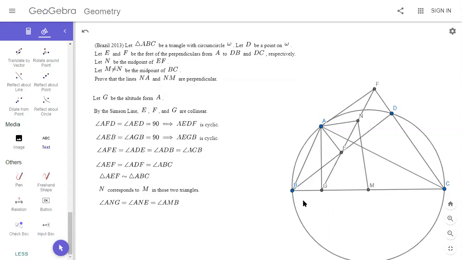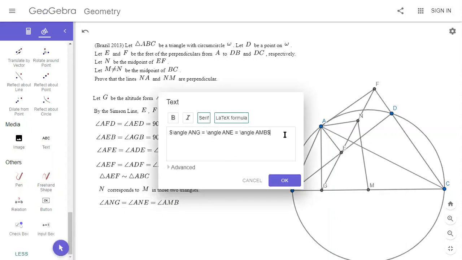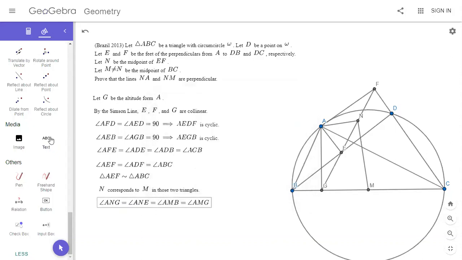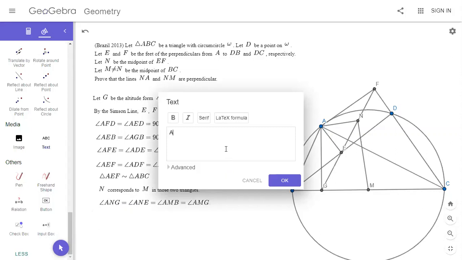And so if angle ANG is equal to angle AMB, then ANMG is cyclic. I had the whole idea for this proof in my head, but it takes a while to write out.